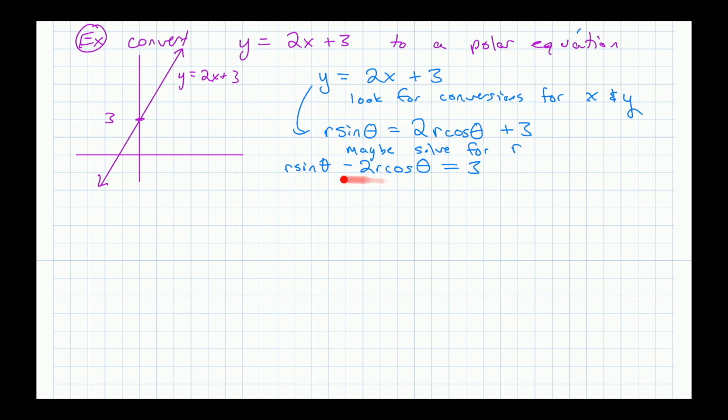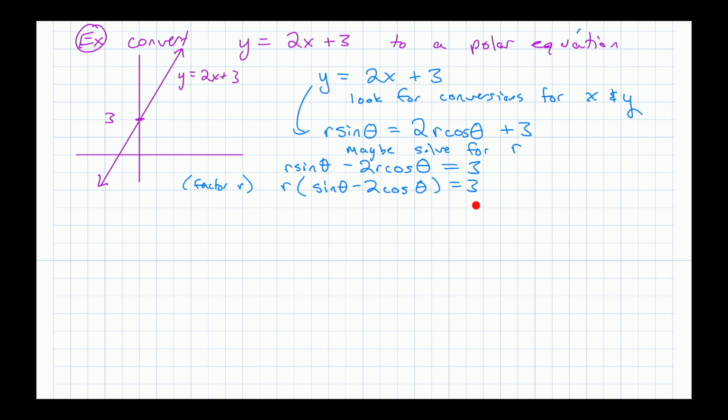Now that these are both on the same side, they have an r here and an r here, you could factor r out, and you get r times sine theta minus 2 cosine theta. What that does for you, you see, is that there's only one r now that we factored it out instead of having two like we do on the previous line.